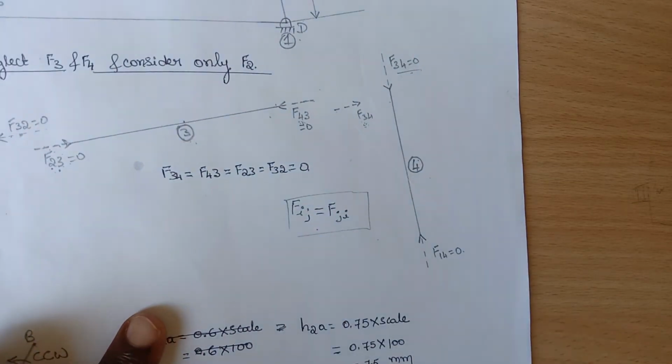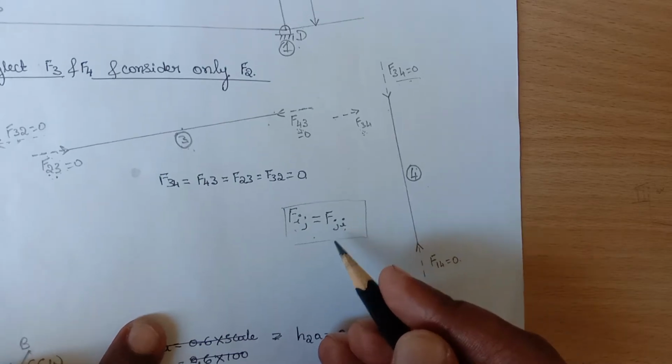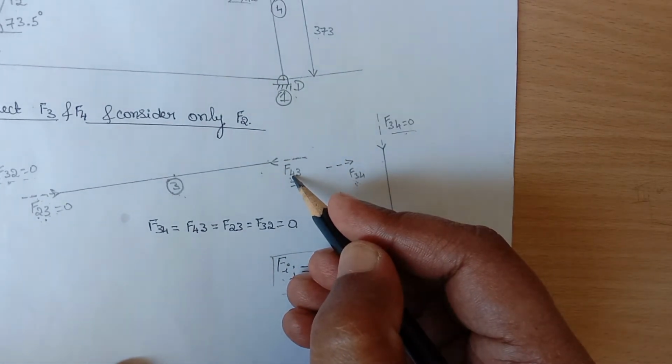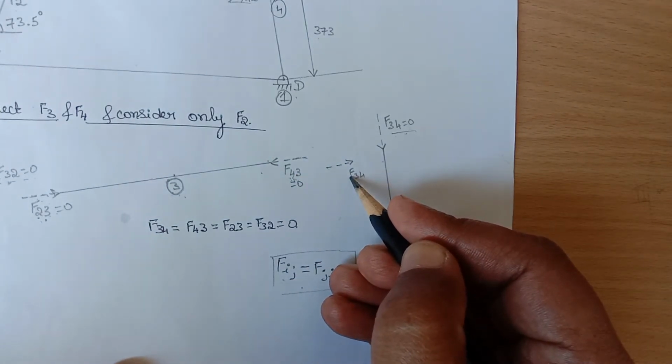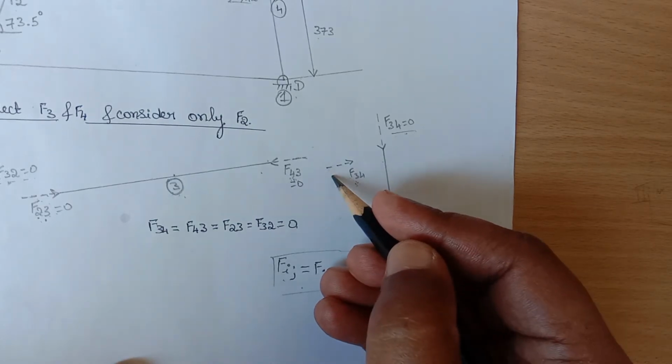Now we know the force convention, we know that one very well. Fij will be equal to Fji. That means the force F43 is equal to F34. Their magnitudes are equal but they are opposite in direction.